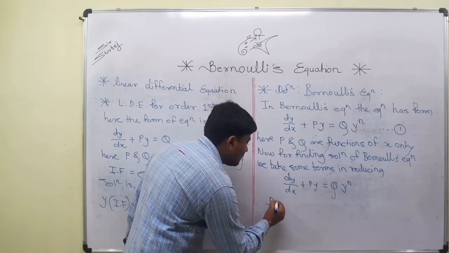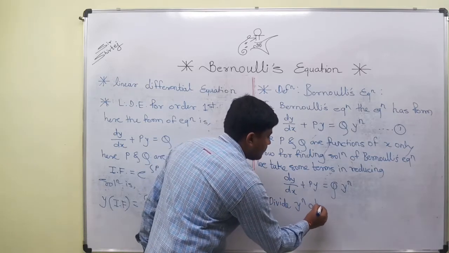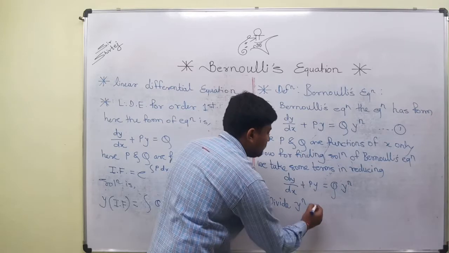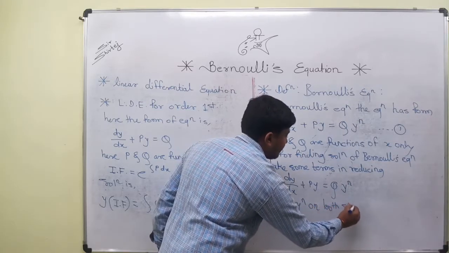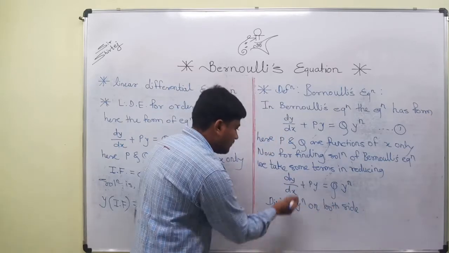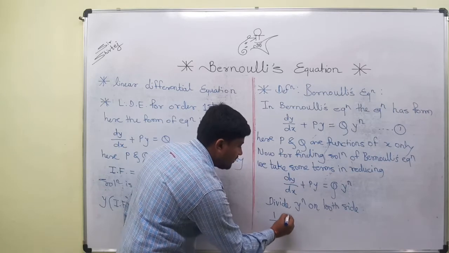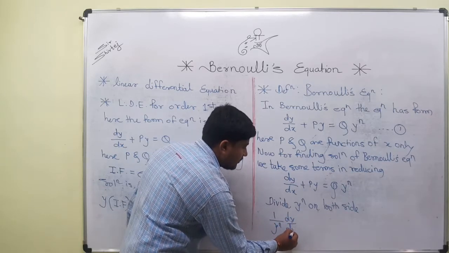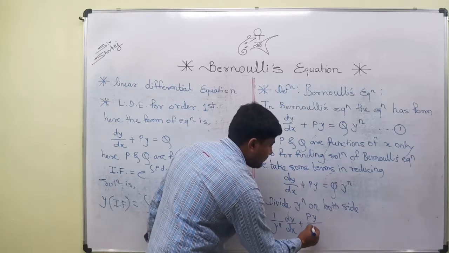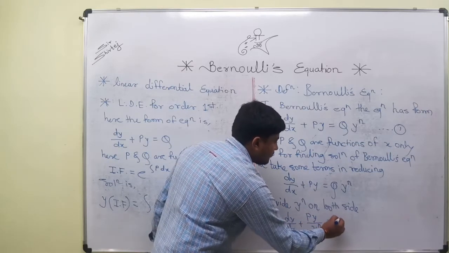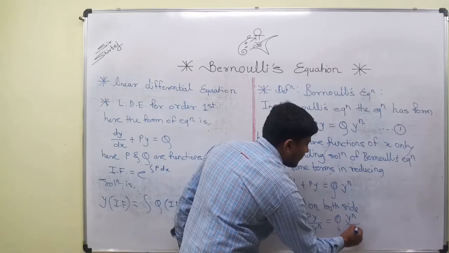Then we get 1 upon y raised to n into dy by dx, plus Py upon y raised to n, is equal to Q into y raised to n upon y raised to n.